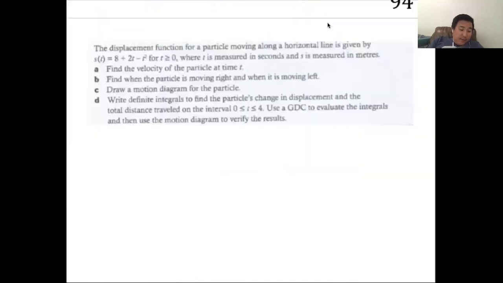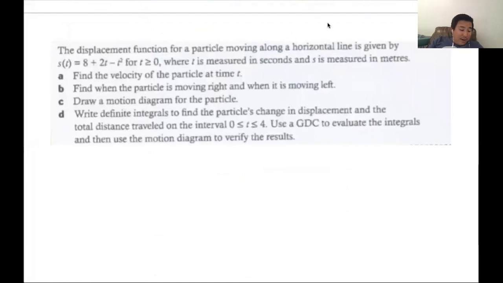The displacement function for a particle moving along a horizontal line is given by s of t, blah, where t is measured in seconds and s is measured in meters, and find the velocity of the particle at time t. So, instead of the integral of s of t, take the derivative. So v of t equals t minus 2t.